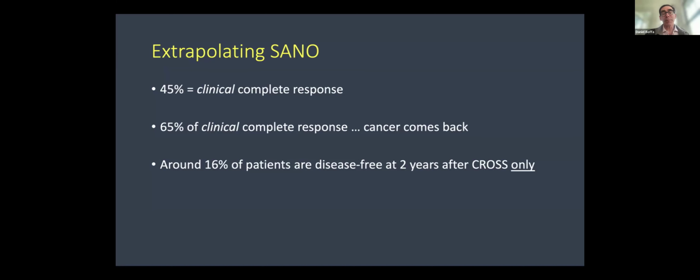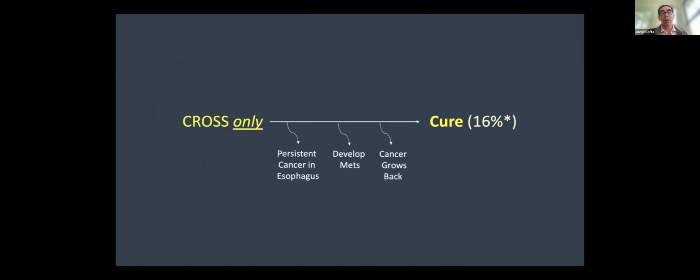And about 16% of people seem to be disease-free after CROSS only. So if you just give people chemoradiation, predominantly adenocarcinoma, about 16% of people are alive and disease-free at 2 years. So it's not a huge number, but it is a reasonable number.